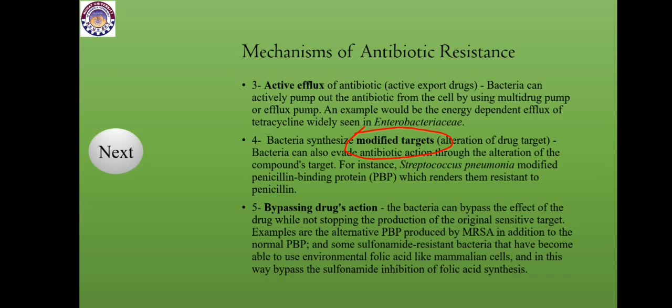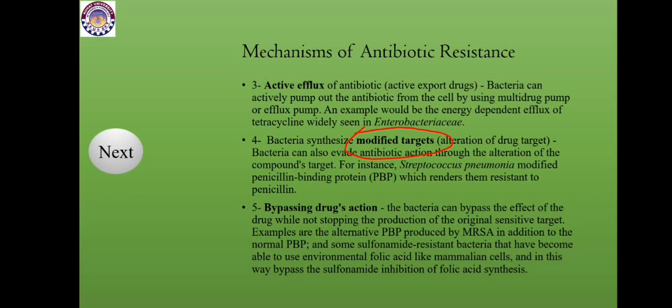After modifying these target sites, the antibiotics are no more working, showing that the microorganism is now resistant to these antibiotics. Now the fifth one we have is bypassing drug action. The microorganism would release the modified targets along with the normal targets too.